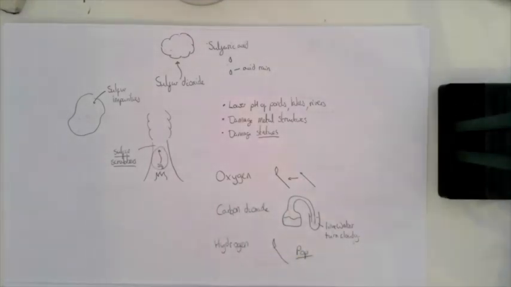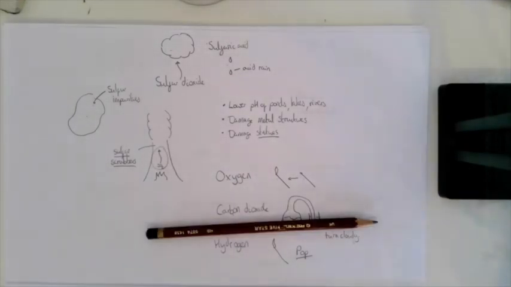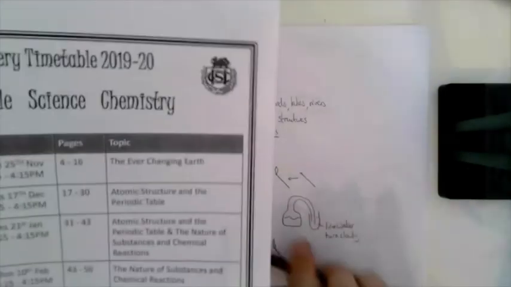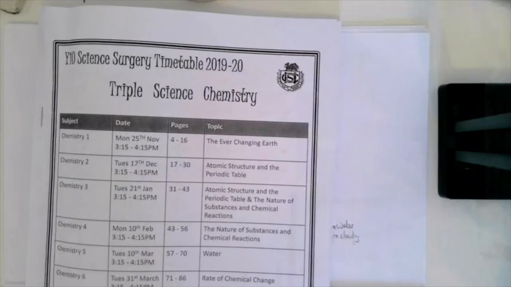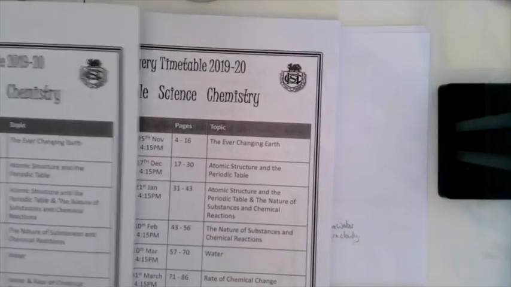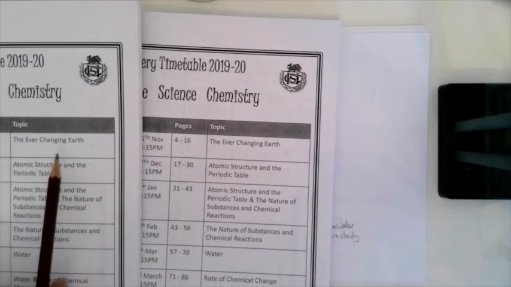And that is everything that you need to know pretty much about the ever-changing Earth topic. So what I suggest you do at this point now is you get your science surgery booklet, whether it's triple or double, doesn't really matter. The pages are the same and the questions are the same for both.